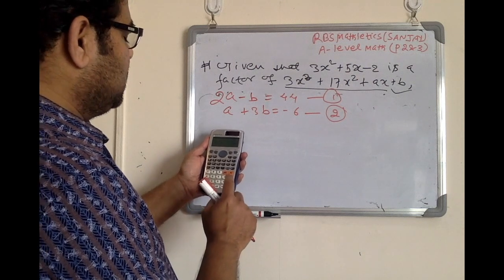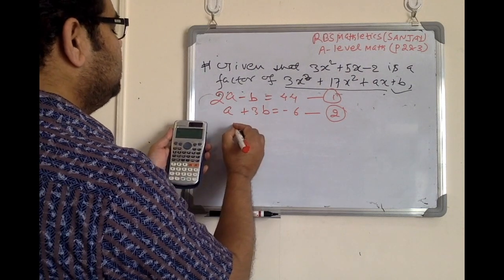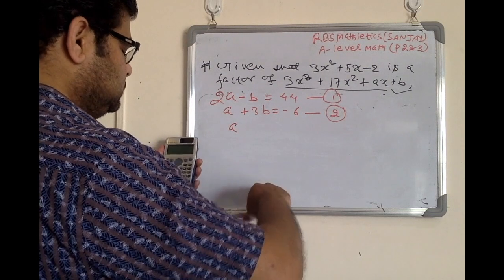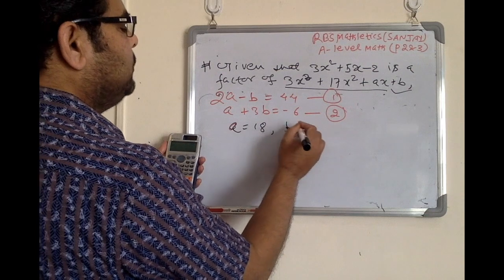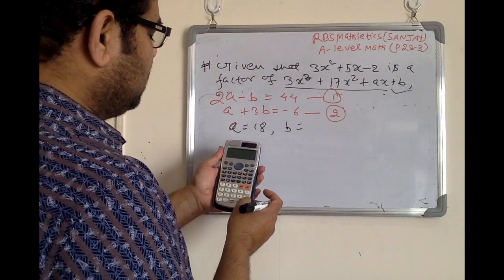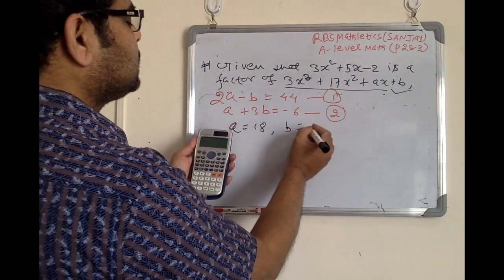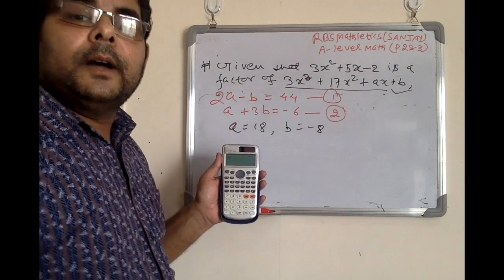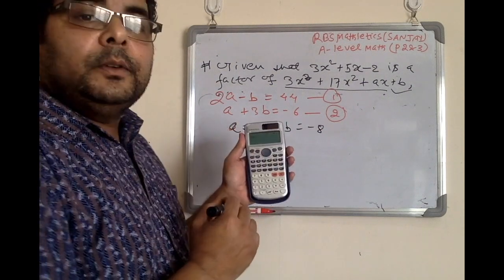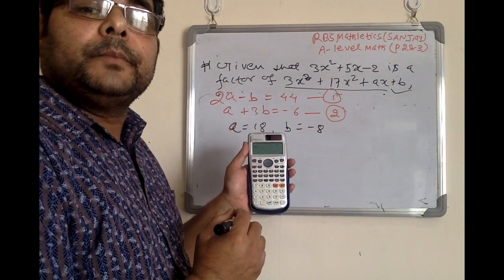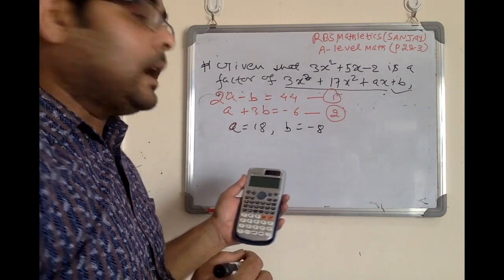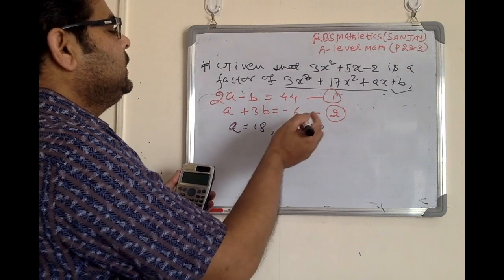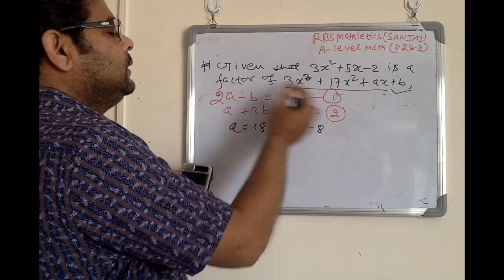Now if I press equal again, then I have the value of a. The value of a equals 18, and for the value of b I press equal again, then the value of b equals -8. I know that you can't see this value on the screen here because it's not that clear, but you know the method of how to use the calculator to solve linear equations.